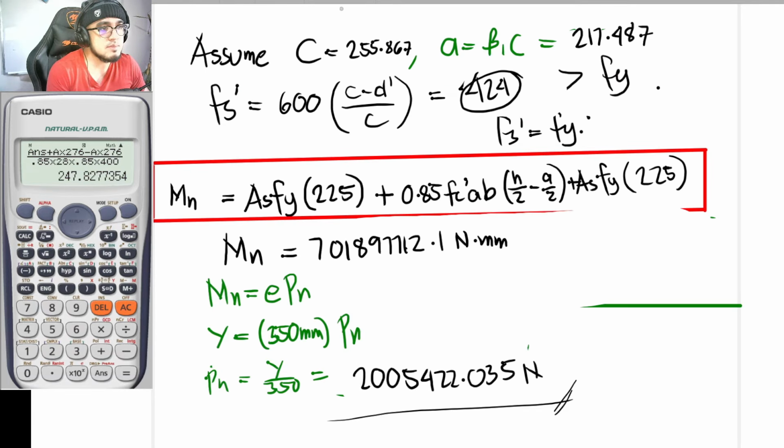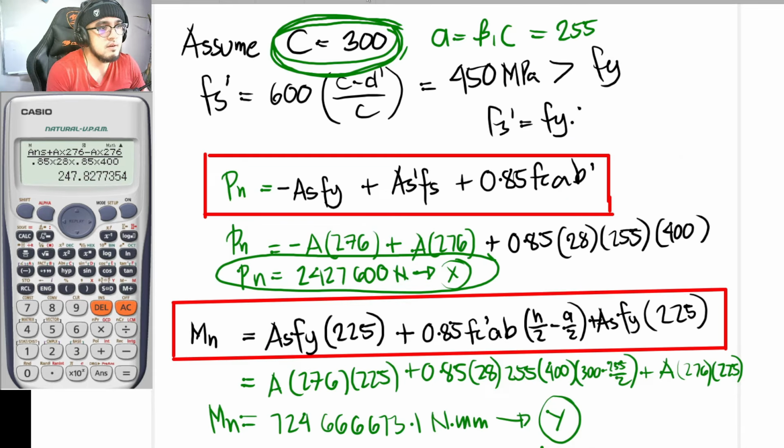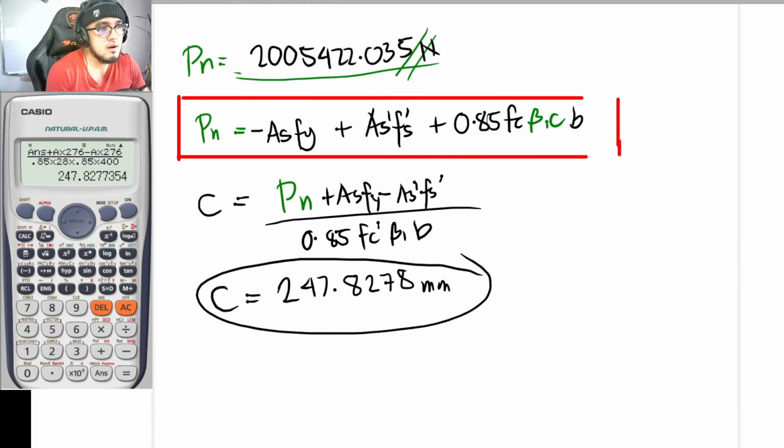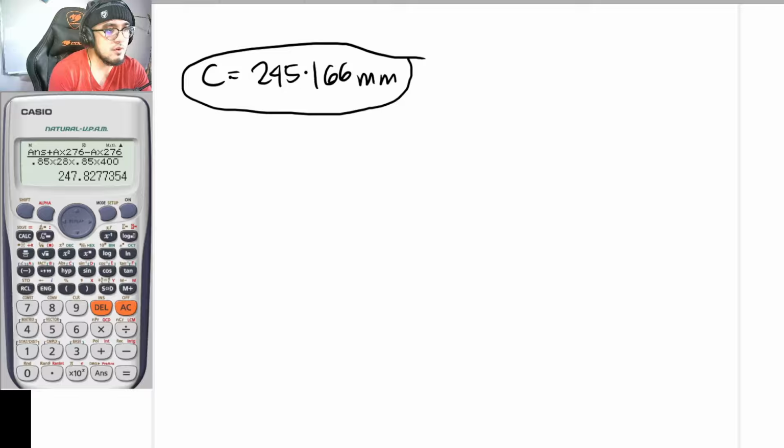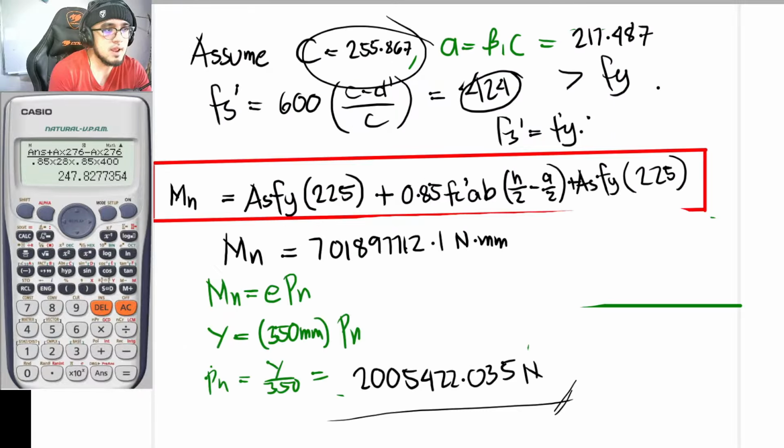If I substitute it here, my C would be equal to 245.166. So what do I mean? I think you are confused, but feel free to replay the video.